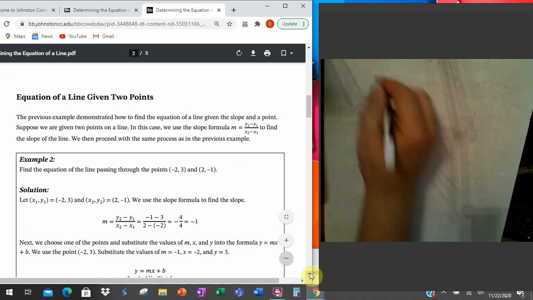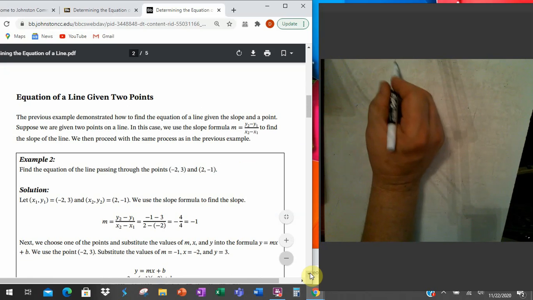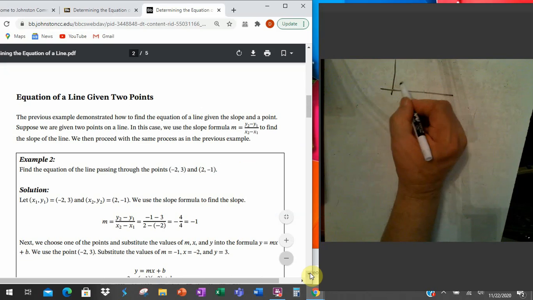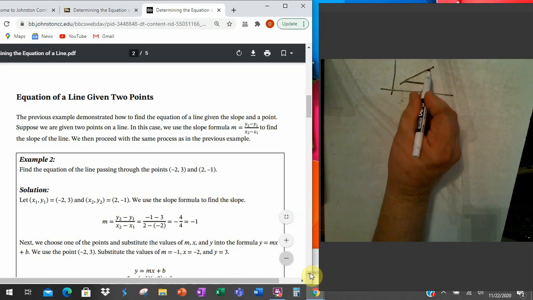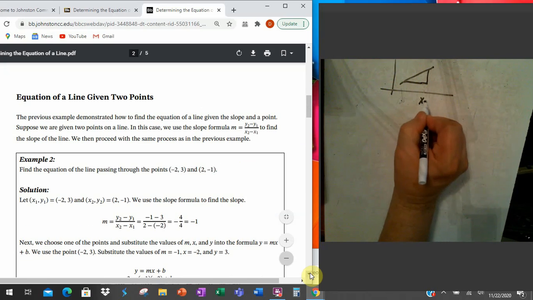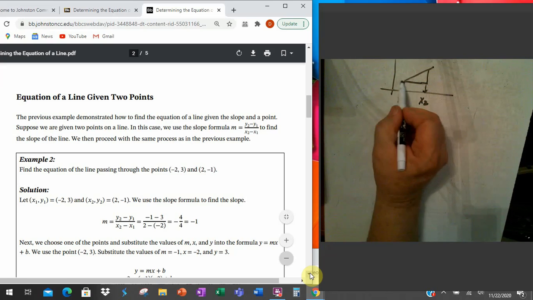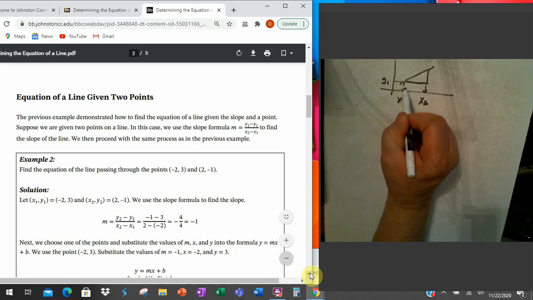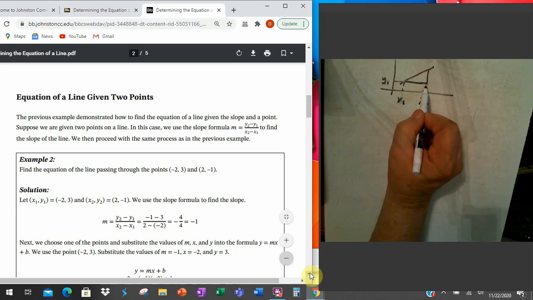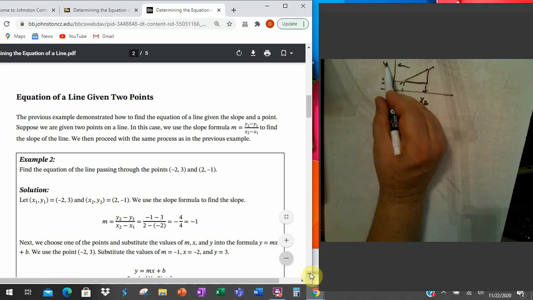I did before. So again, the general picture of when I'm doing a slope, I've got an x2, here's my x1, here's my y1. So as I've gone from x1 to x2, I've gone up from y1 to y2.